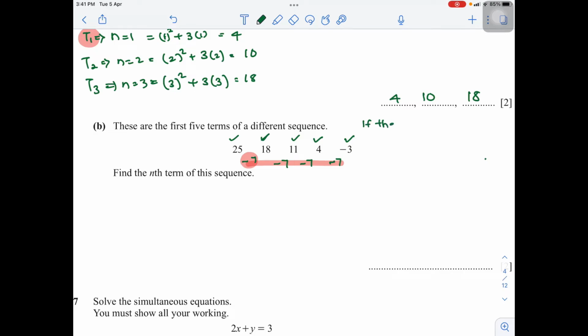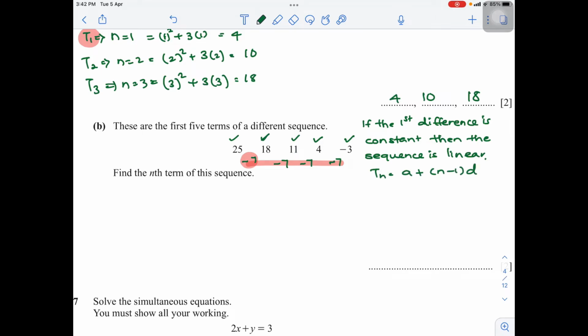If the first difference is constant, then the sequence is linear, and the formula is Tn equals A plus n minus 1 times D. If the second difference is constant, then the sequence is quadratic, and the formula is Tn is A plus n minus 1 times D plus half n squared minus 3n plus 2 times C.